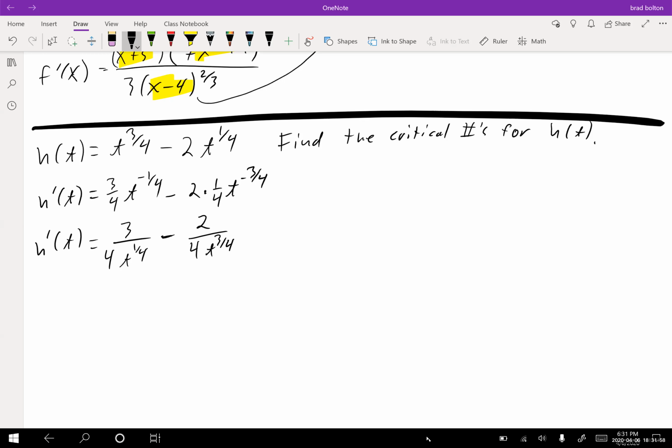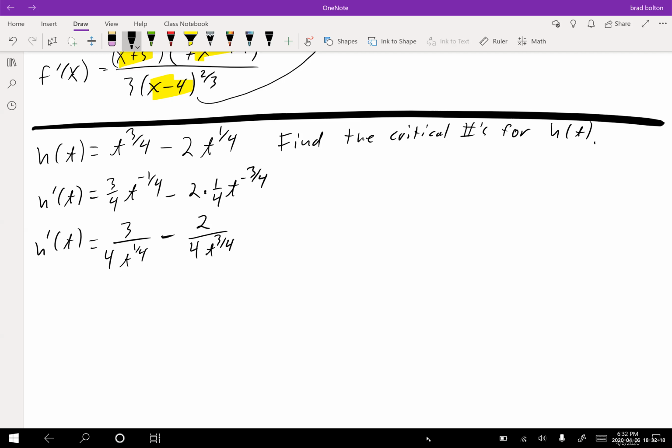The denominators both have 4s, but now we need to see what would make them be identical. Okay, so where could we make them meet at 1/4, or do we make them meet at t to the 3/4? So I can take a 1/2 power and I can turn it into a 3/4 power. Or think of it as, how can you make a 1/2 become a 3/4?